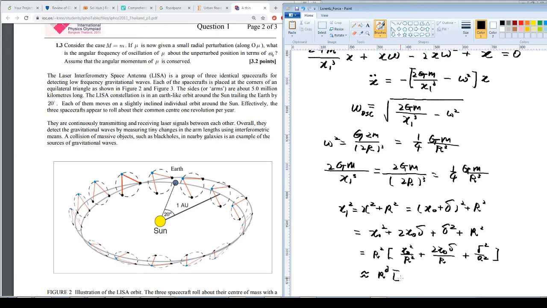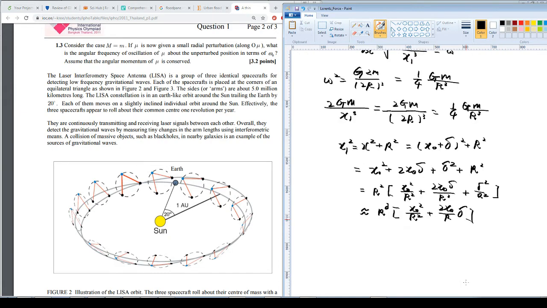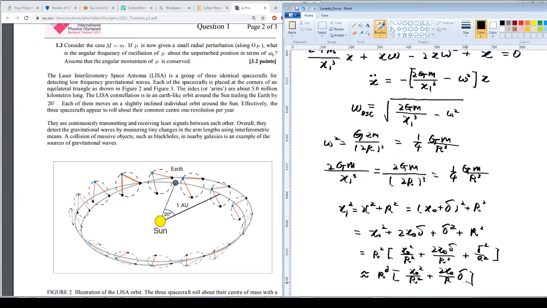You're missing a factor of r in the second term. That's right, yes: 2x naught over r delta. So that shouldn't matter.